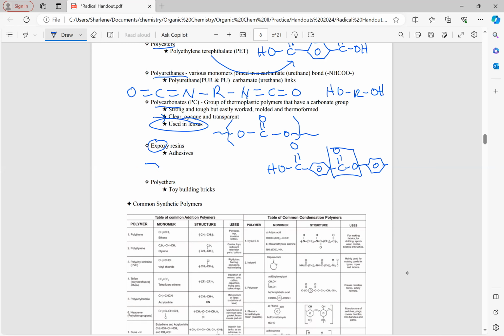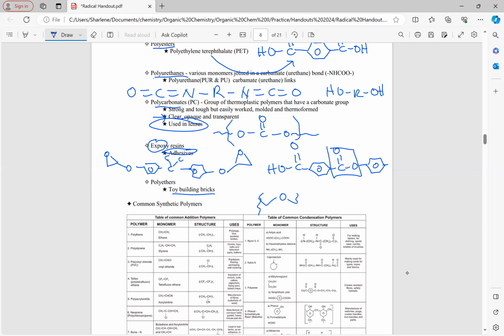Again, I just wanted you to see some of the structures we're starting with. And here's the funky epoxide, and it happens over here too. That is an epoxy. Usually these are the sticky ones where you use them for adhesives. And the reason I put a polyether in here is because this is what makes up those building bricks, one of the original formulas.